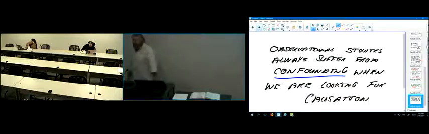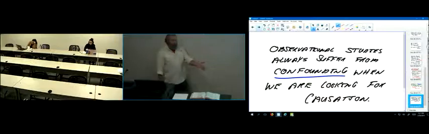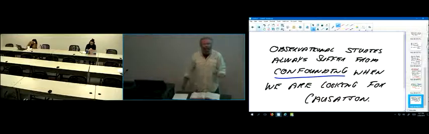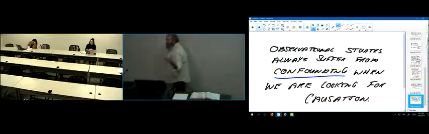Anytime I'm looking for cause and effect, an observational study will always suffer from confounding. I don't know if it's the variable you were interested to see if it was causing a change, or if it's one of the lurking variables you didn't even pay any attention to, right? So you can't prove cause and effect, causation, from observational studies because of what I got underlined there in blue.